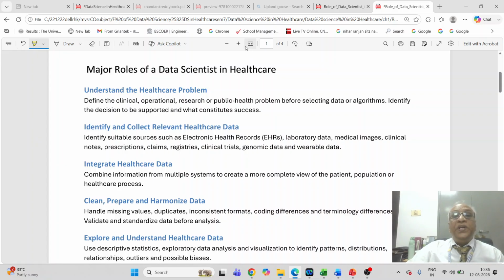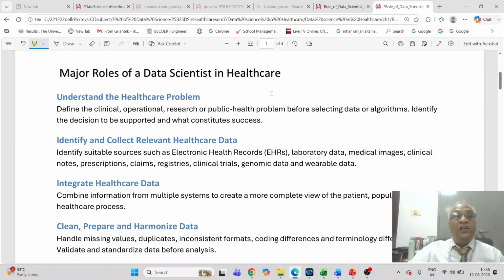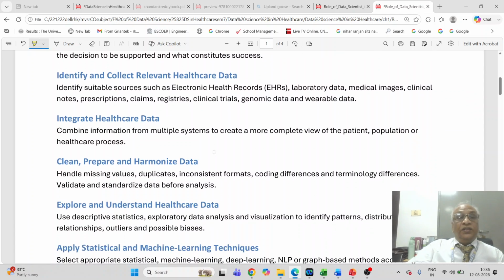Now, what is the major role of a data scientist in healthcare? He should not immediately start building the models as he knows machine learning or as he knows data science. He should first understand the healthcare problem. Then he should collect the relevant healthcare data through various sources like electronic health records.